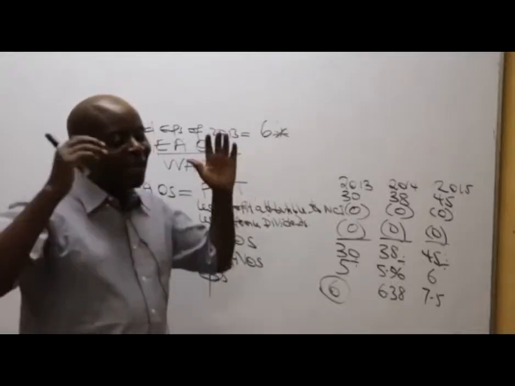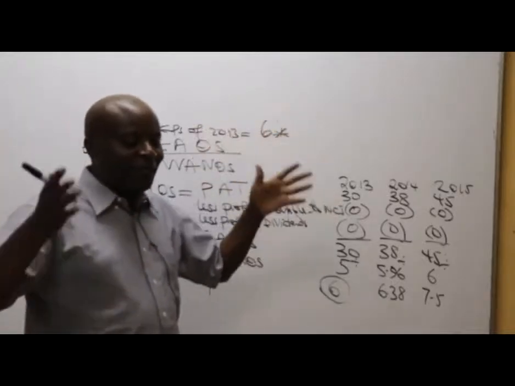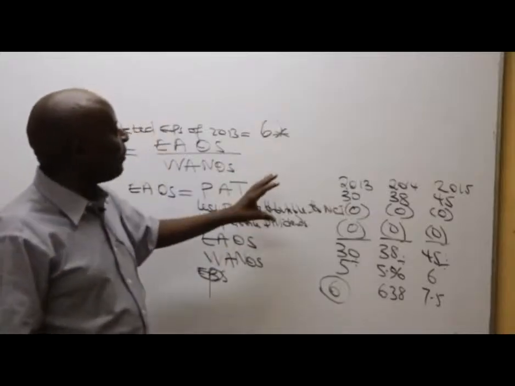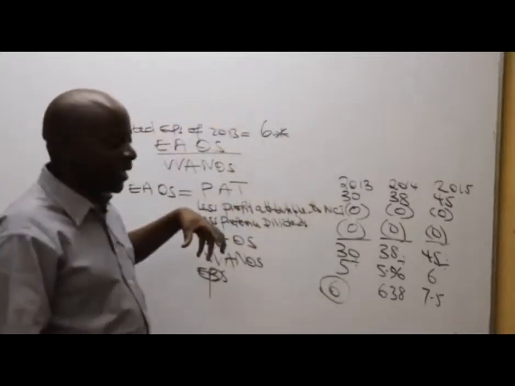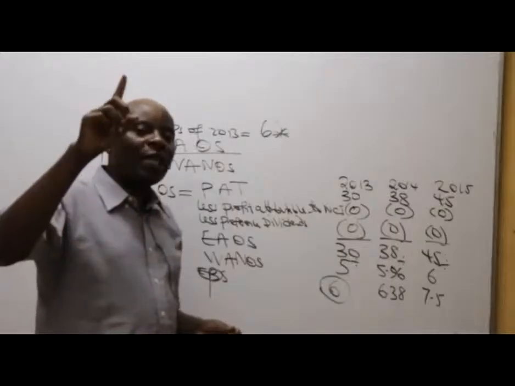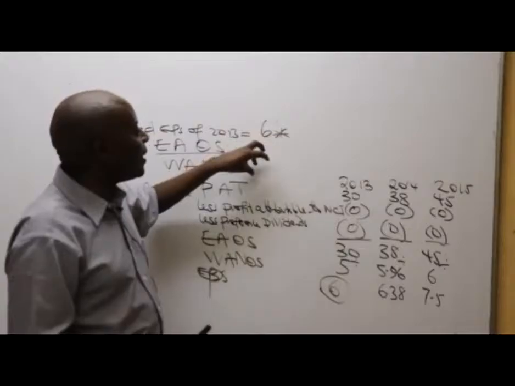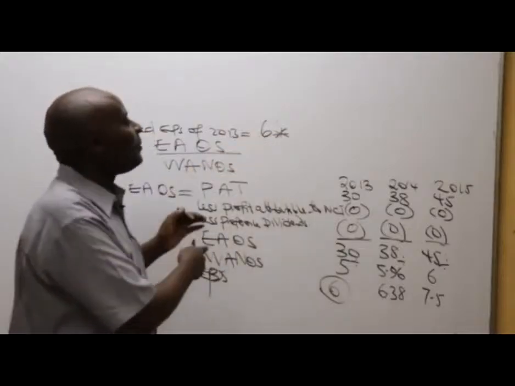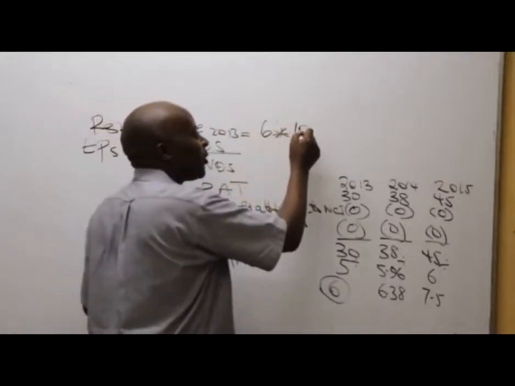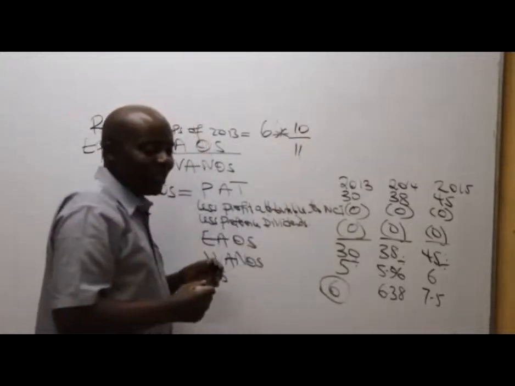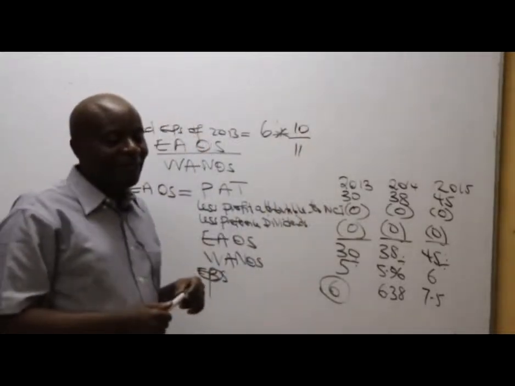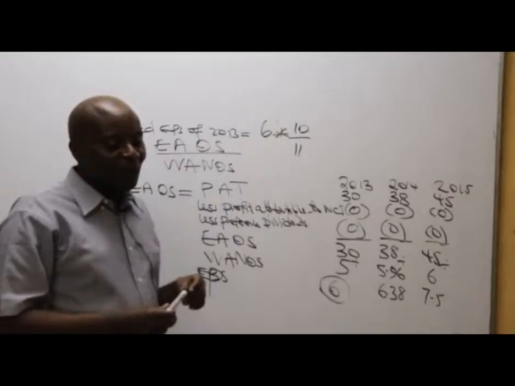Reciprocal. Even if I understand nothing from this particular class, I know when it comes to restating for the previous years, if the bonus fraction was 11/10, I'll take the previous year's EPS times the reciprocal of those bonus fractions. So times 10 over 11, which will end up giving me what figure?